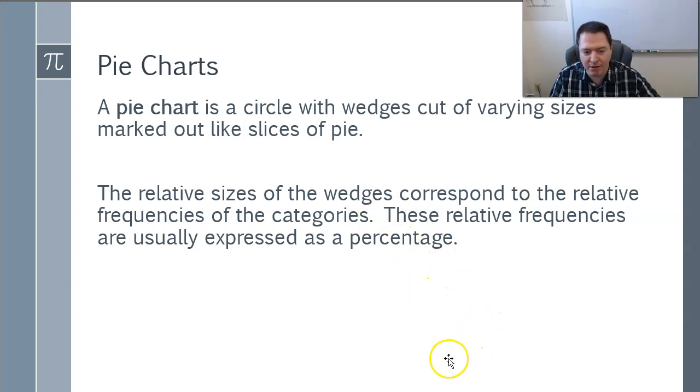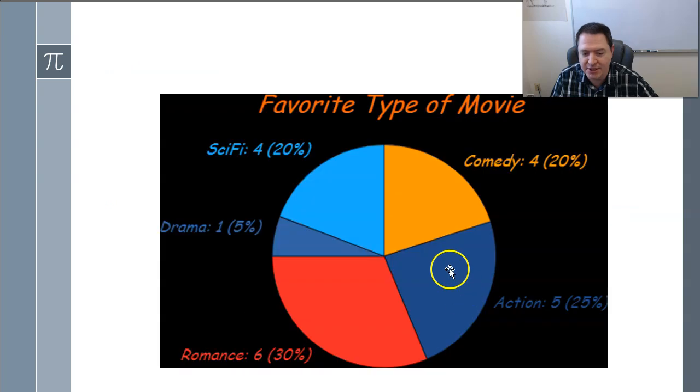Pie charts are also something I'm sure you've seen before. These are just circles where we've cut out wedges of the circle that describe how much of the total is represented by that particular group.